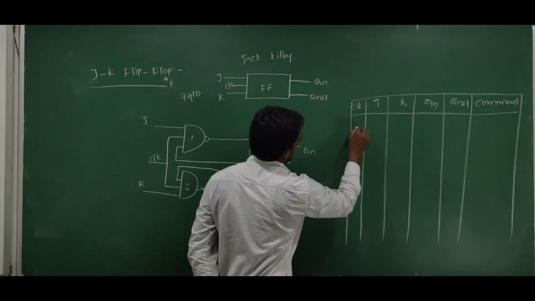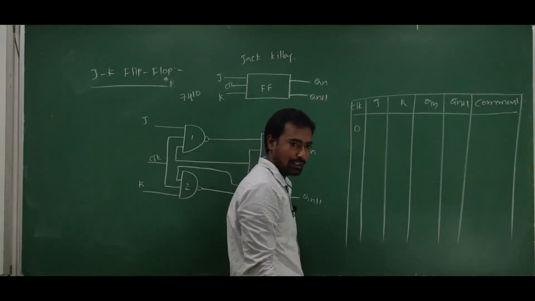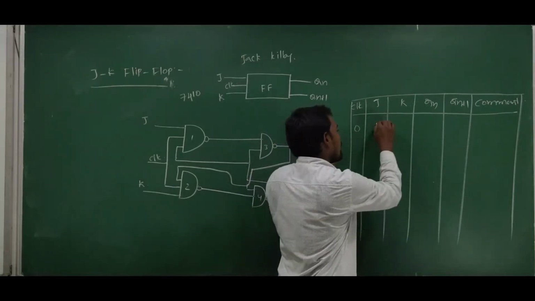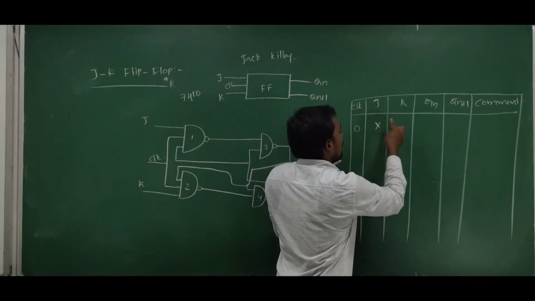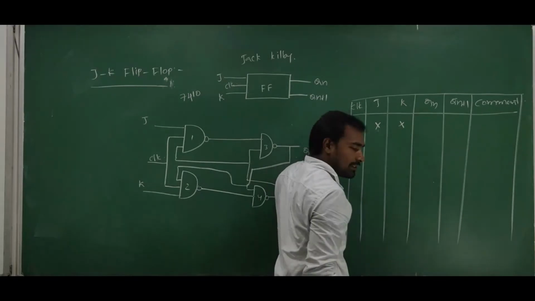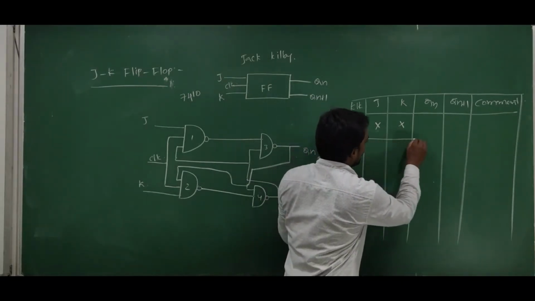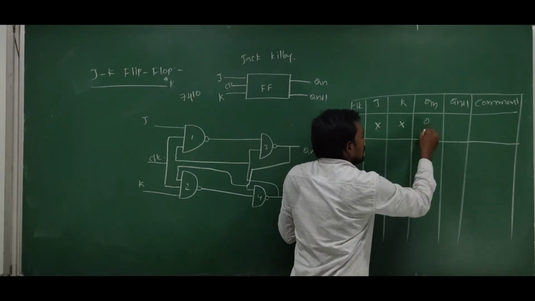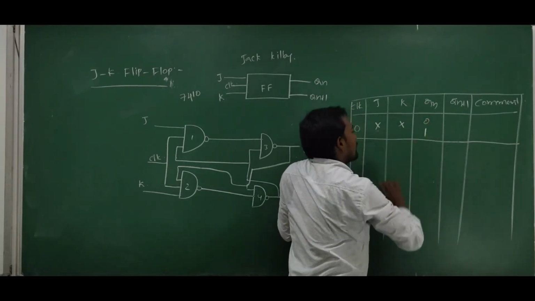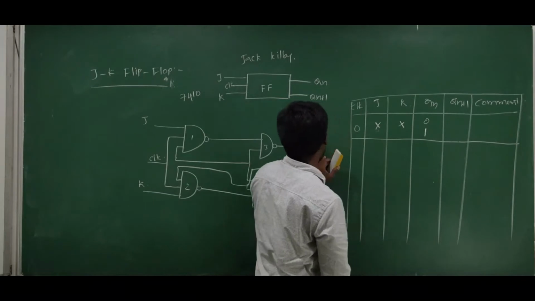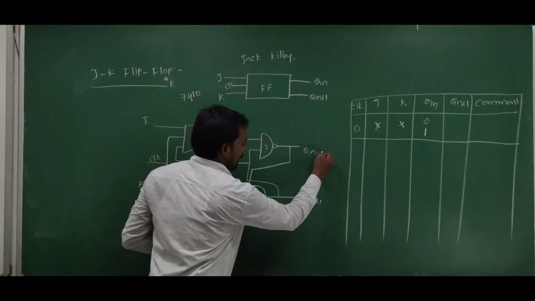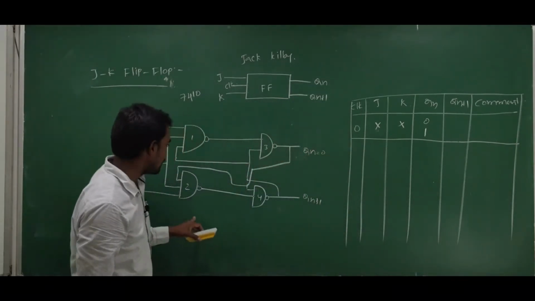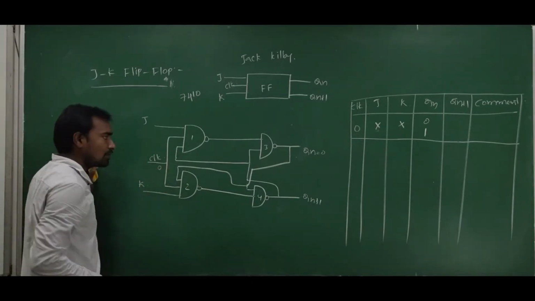If the clock signal is equal to 0, and J is either 0 or 1 and K is either 0 or 1, we will observe it. If Qn is equal to 0 and the clock signal is equal to 0.